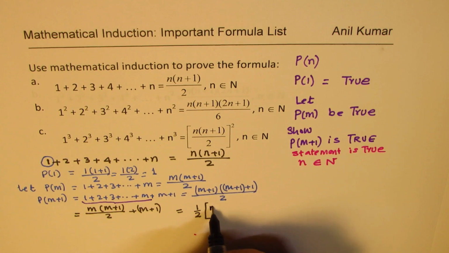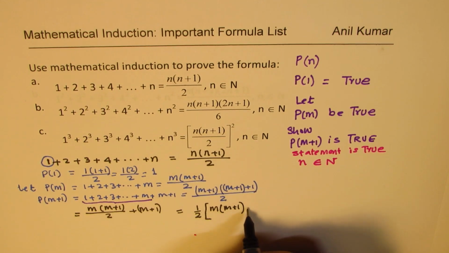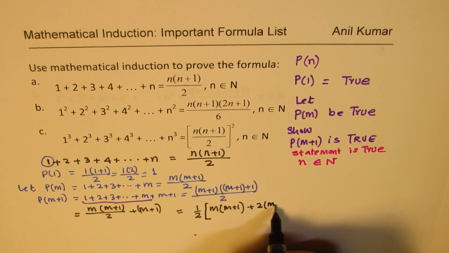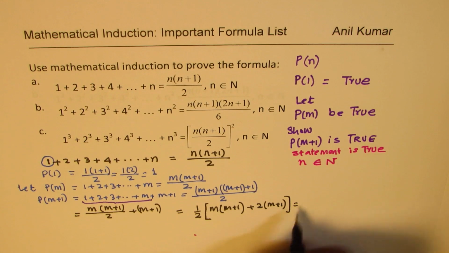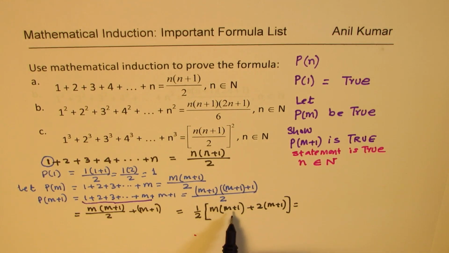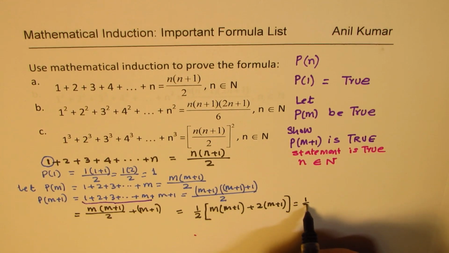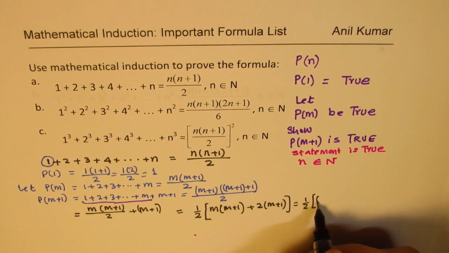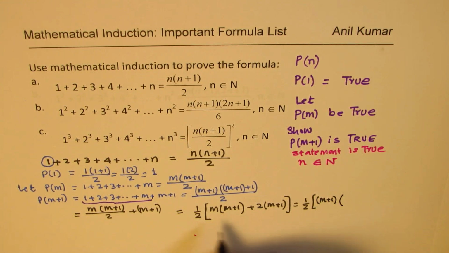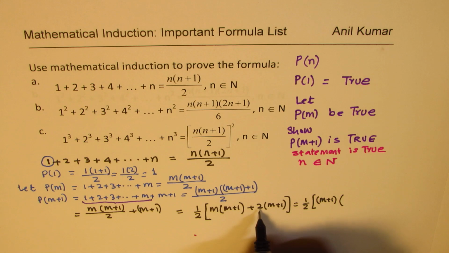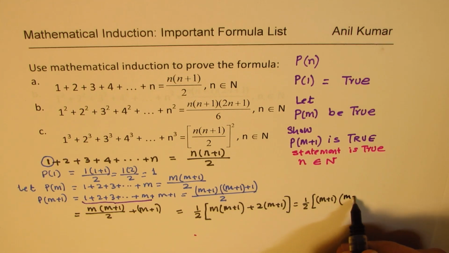I get m times m plus 1 plus 2 times m plus 1. Is it okay? Now, I could take m plus 1 common here, so I get half of, when I take m plus 1 common, what do I get? I get m from here and 2 from there. I get m plus 2, right?